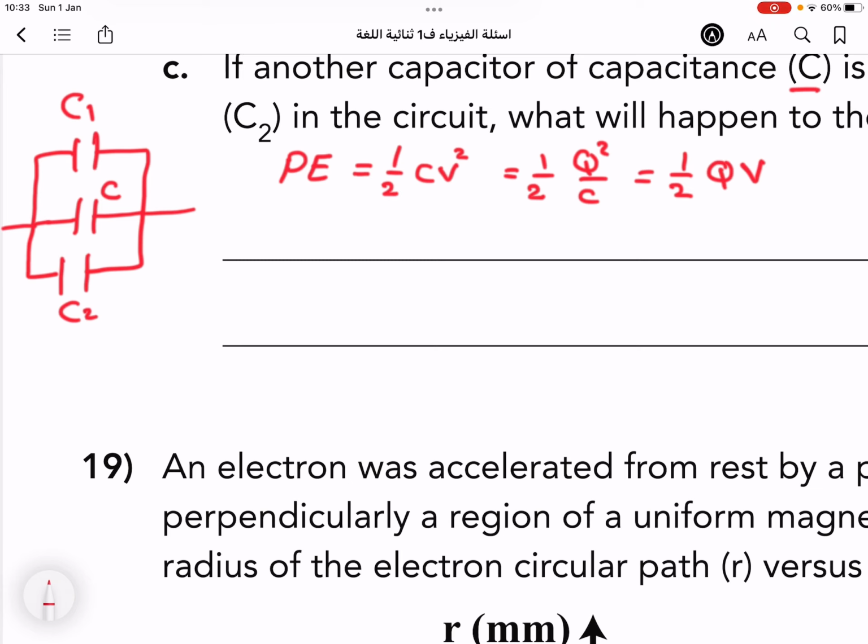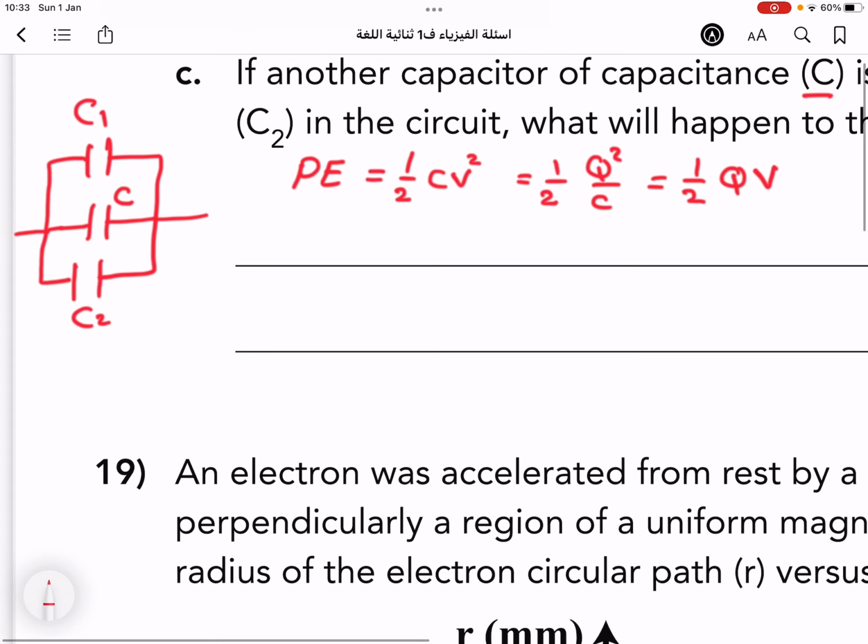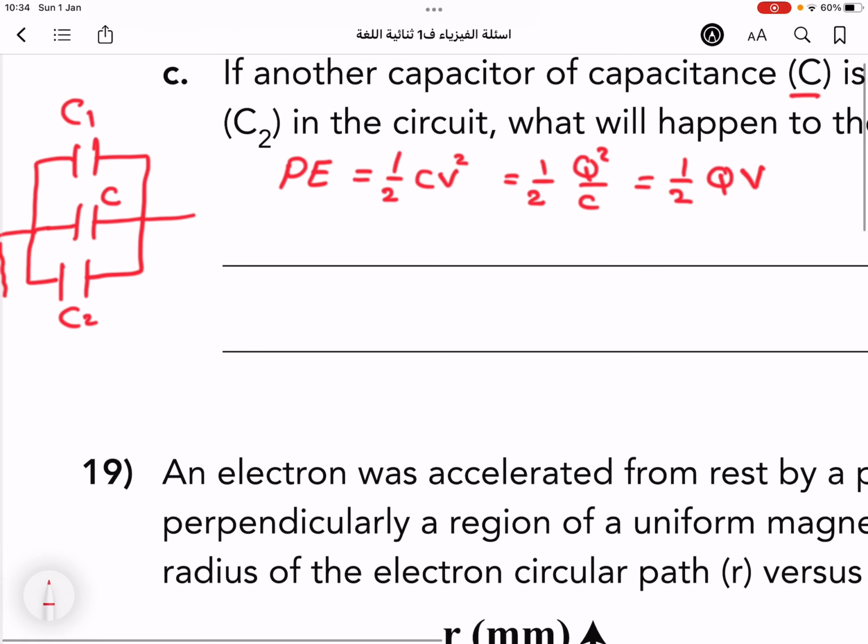But which one of them should we use? As long as they are connected in parallel, the potential difference remains V, remains 4 volts. We need to choose the one which has a constant value.